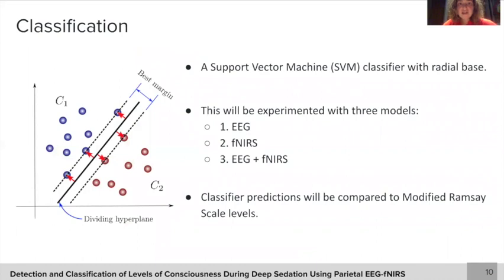For the classification, we will at first at least use a support vector machine classifier with radial basis, which will be tested in three models: EEG, fNIRS, and EEG plus fNIRS combined. And as I said before, the classifier predictions will be compared to the modified Ramsay scale levels.